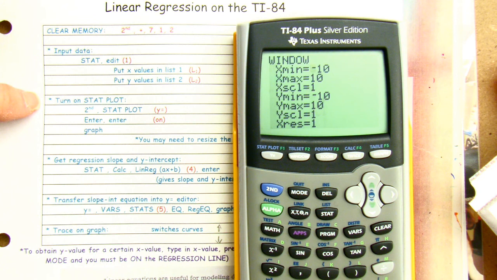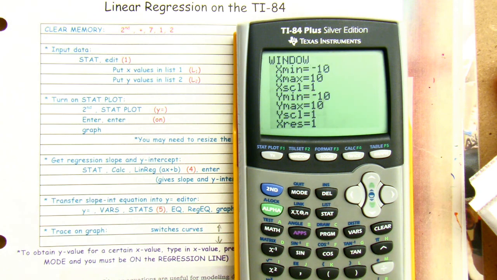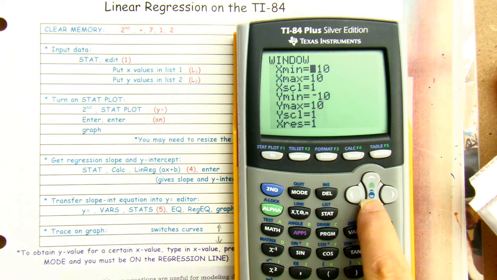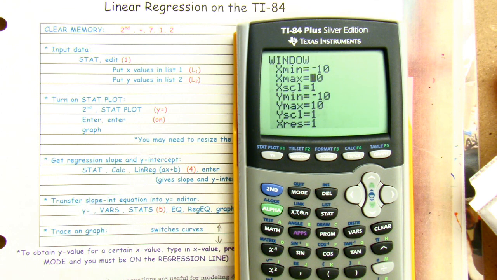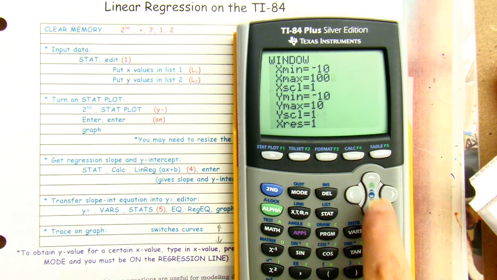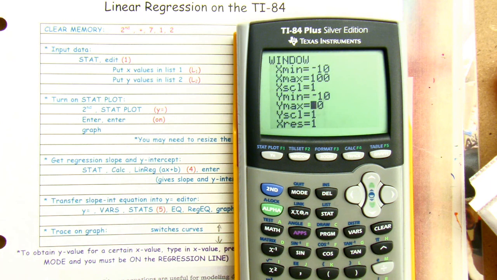All right, the X-min and the Y-min doesn't really matter because we don't have any negative values. So I want to change my X max to, I don't know, I'm going to go up to 100. The highest X value is 40, but I'm going to go up to 100. And then my Y max looks like the highest value is 281.4, so maybe I'll go to 350.